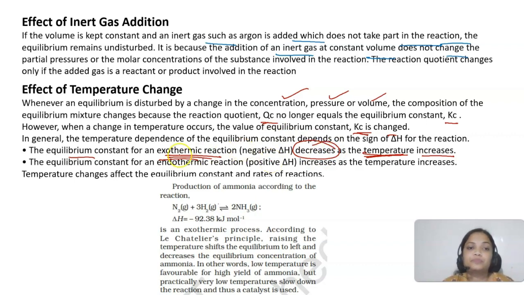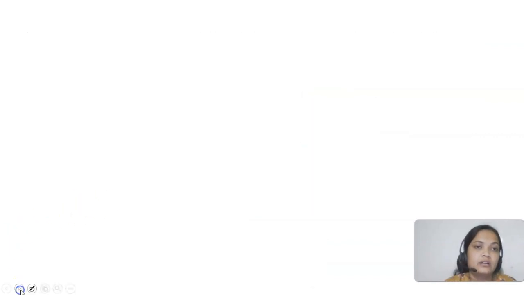Okay, and द इक्विलिब्रियम कांस्टेंट फॉर एंडोथर्मिक रिएक्शन. अगर आपके पास एंडोथर्मिक रिएक्शन है तो टेम्परेचर इंक्रीज करने पर आपका इक्विलिब्रियम कांस्टेंट भी बढ़ जाएगा. व्हाई? दैट वी विल जस्ट डिस्कस. क्योंकि टेम्परेचर इंक्रीज करना फेवर्स एंडोथर्मिक रिएक्शन ऑलवेज. If you are increasing the temperature, तो according to Le Chatelier's principle it will favor endothermic reaction. कैसे? Let me tell you.